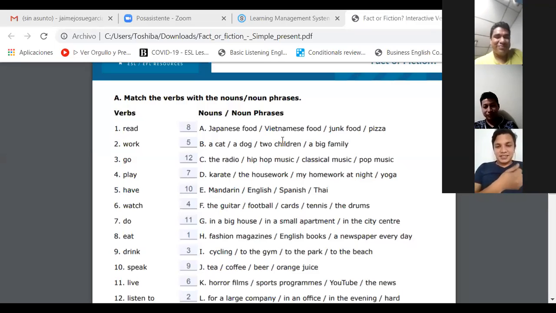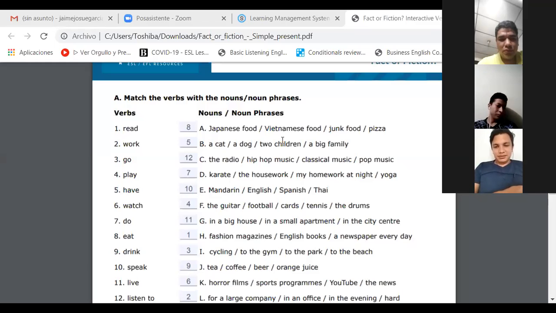Okay, all right, guys. So you have to prepare your sentences, right? 3 sentences. 2 sentences that are true and 1 sentence that is false. Use the vocabulary that you have. Okay, please do it right now.